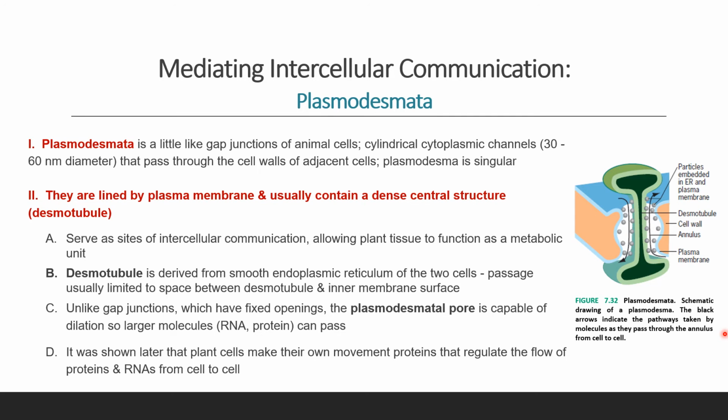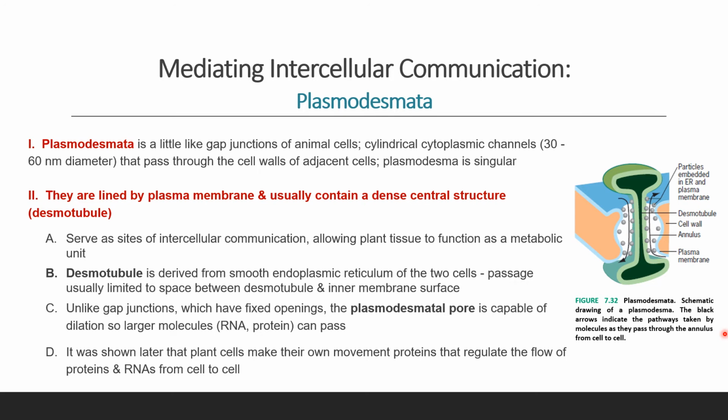So next we have the plasmodesmata. So the plasmodesmata are like the gap junctions of animal cells. They are cylindrical cytoplasmic channels, around 30 to 60 nanometers in diameter, that pass through the cell walls of adjacent cells. And plasmodesma is actually the singular term for it. Okay?